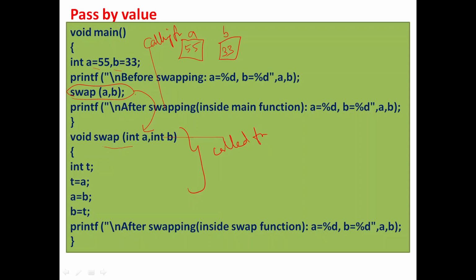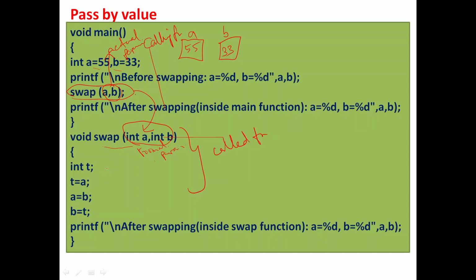These a and b are called actual parameters since they are present inside the calling function. These a and b are called formal parameters, which are present inside the body of our function.